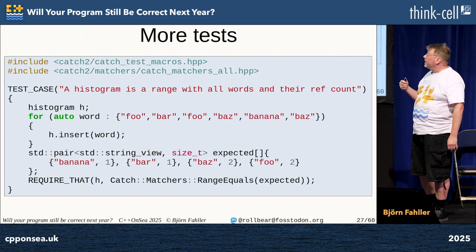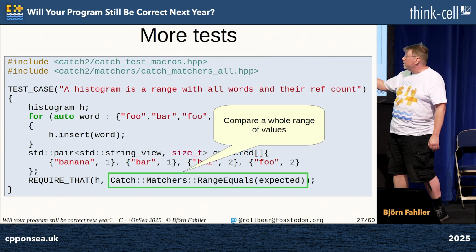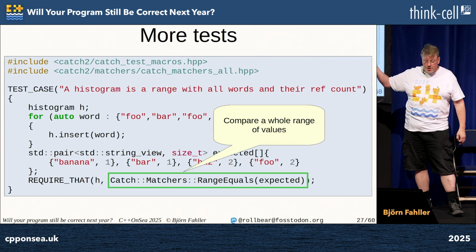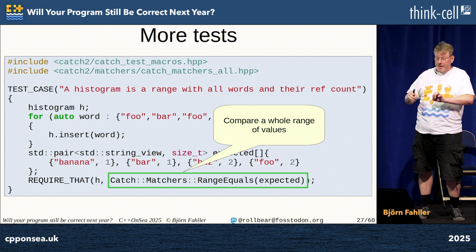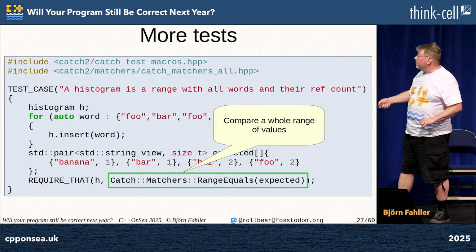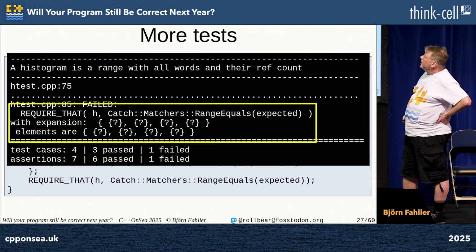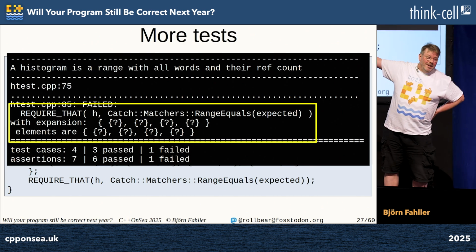So here I use Catch matchers RangeEquals and see that our range is equal to the expected. And that is useful. So now I can run it and, man, I mean, we can at least see that they are the same size.